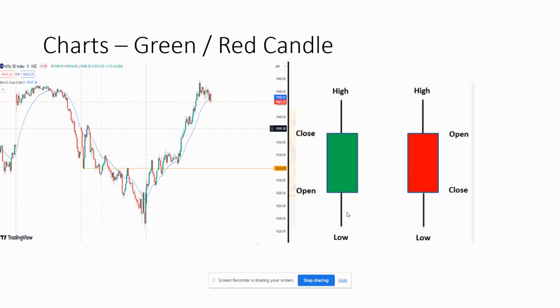The candle color is based on whether the price has moved up or down. If the price moves up from the opening price, it is represented as a green candle. If the price closes below the opening price, it is represented in red. So this is two things, open and close.